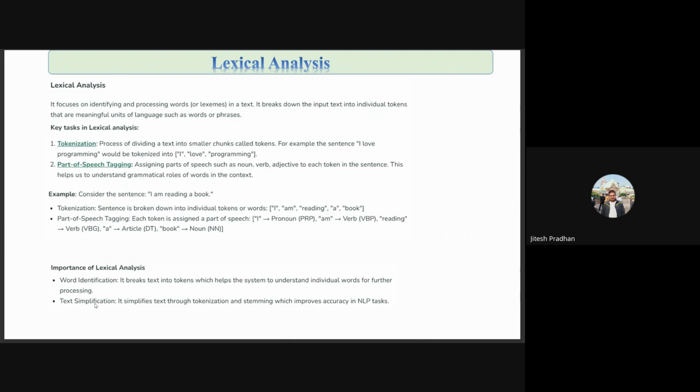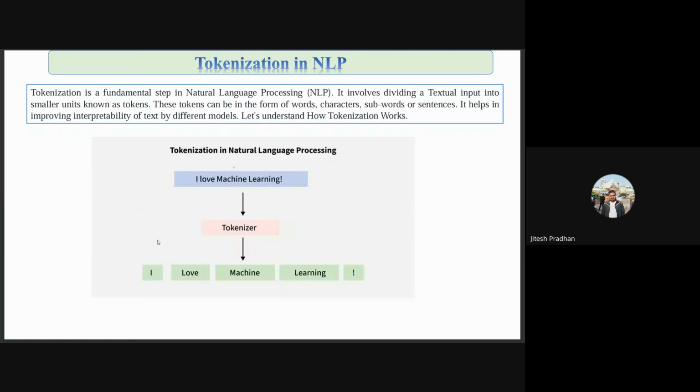Okay. Now, let's discuss tokenization in detail. So basically, tokenization is the most fundamental step in NLP. It involves dividing the textual information or textual input or corpus into the smallest units called tokens. Okay.